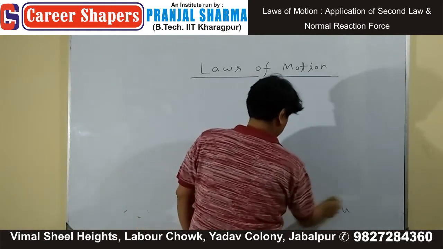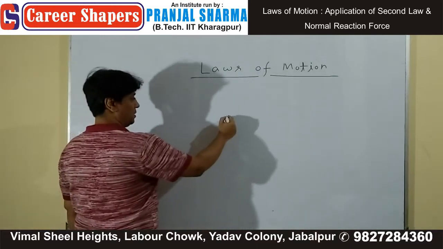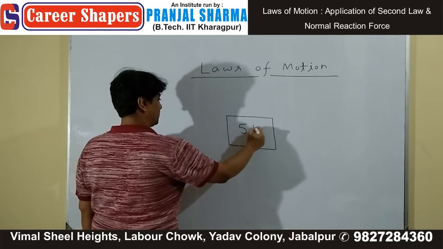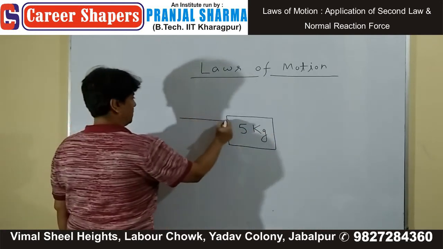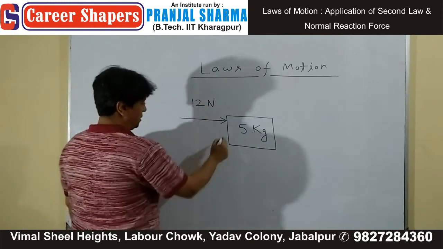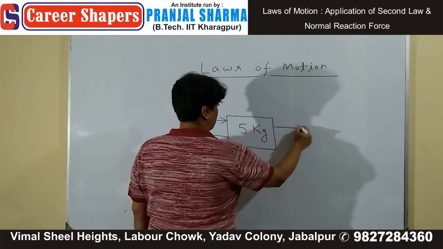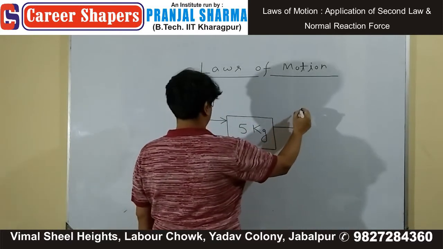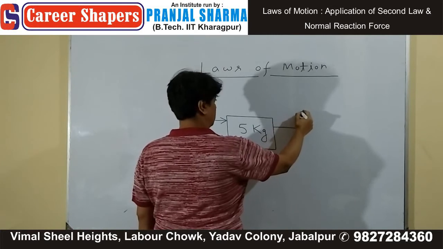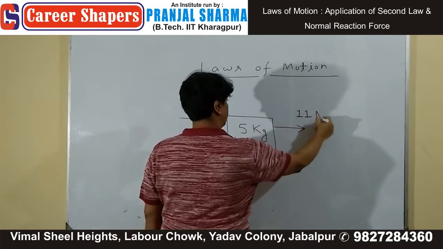That means try to answer this question. There is an object of 5 kg, a force of 12 newtons is acting in this direction, a force of 3 newtons is acting in this direction, a force of 11 newtons is acting in this direction.